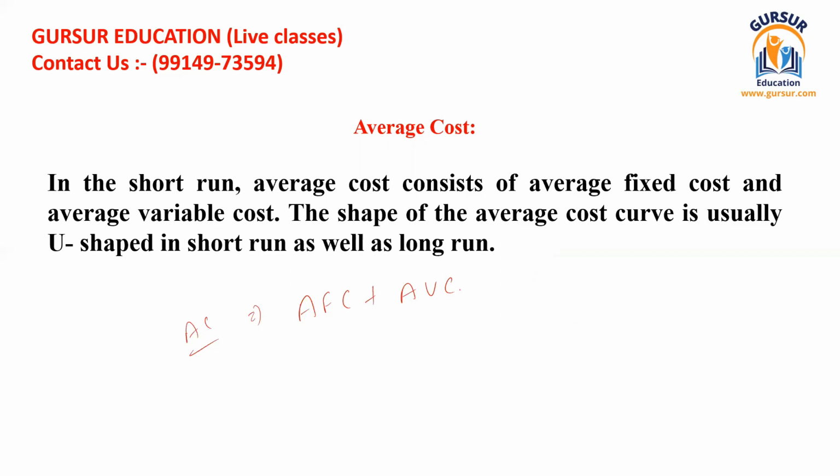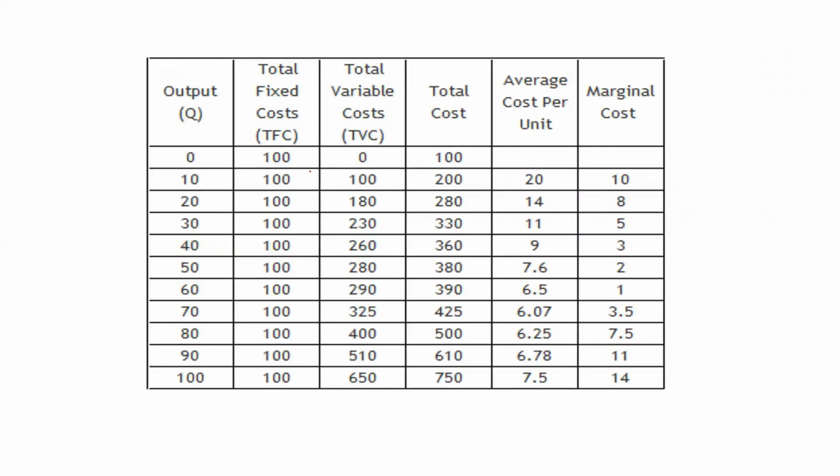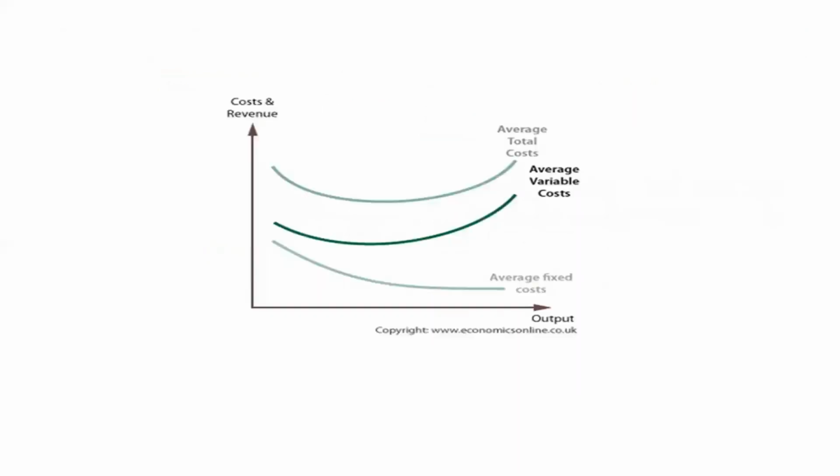The shape of the average cost curve is usually U-shaped. Basically, this is the thing for which we are studying everything. When you plot the average cost curve, it gives us a U-shaped curve on a graph. So this is the relationship between all these. First of all, I would like to tell the relationship between average cost, average variable cost, and average fixed cost.